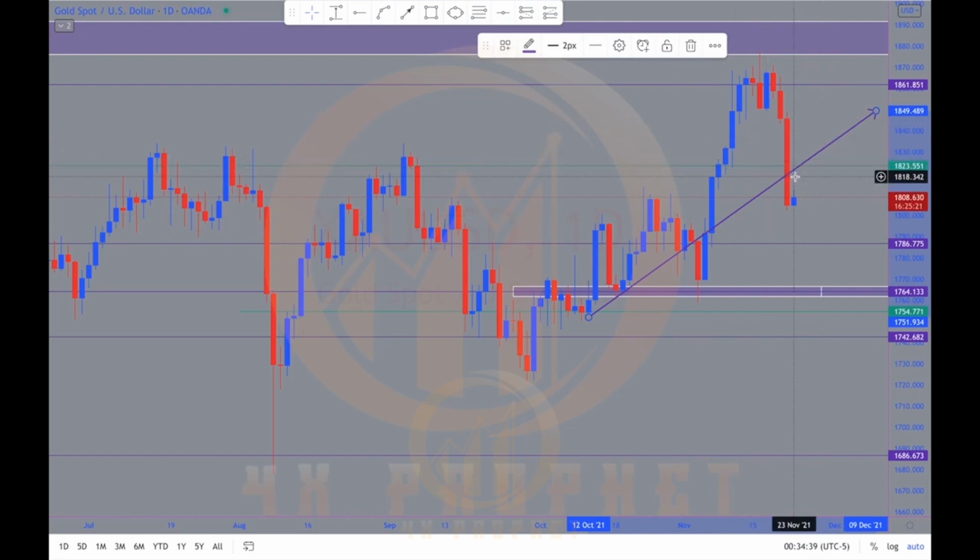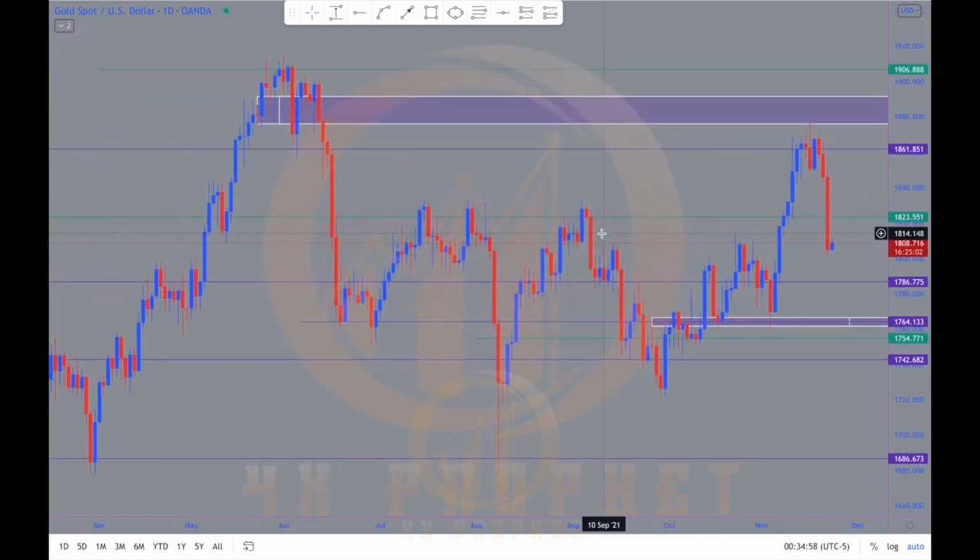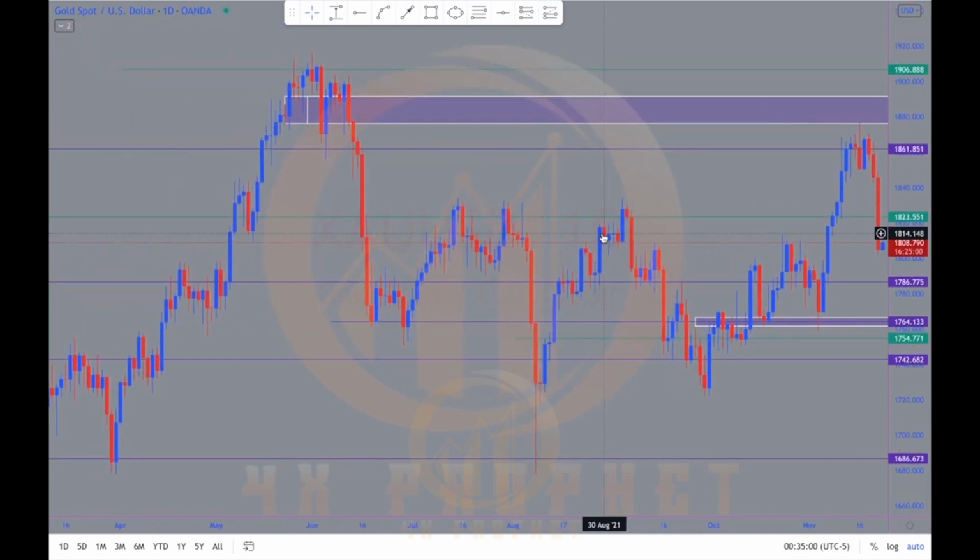Honestly, I'm expecting a pullback to this area from just looking at it, but there's a high chance it may not do that. Before I go around making any judgment based off of that, what I'm now going to do is break it down even a bit more for myself.